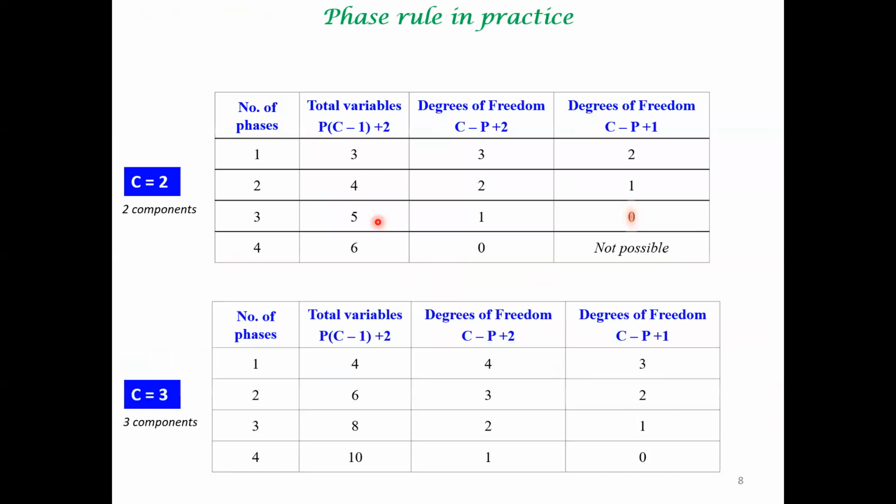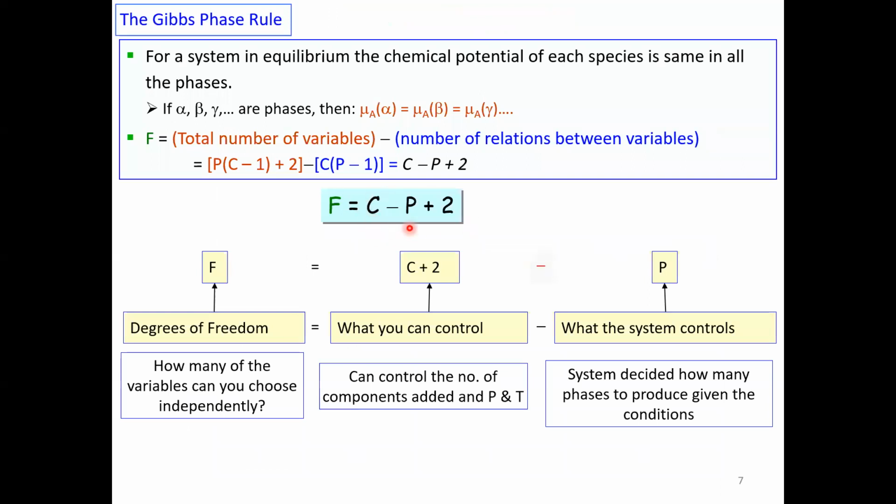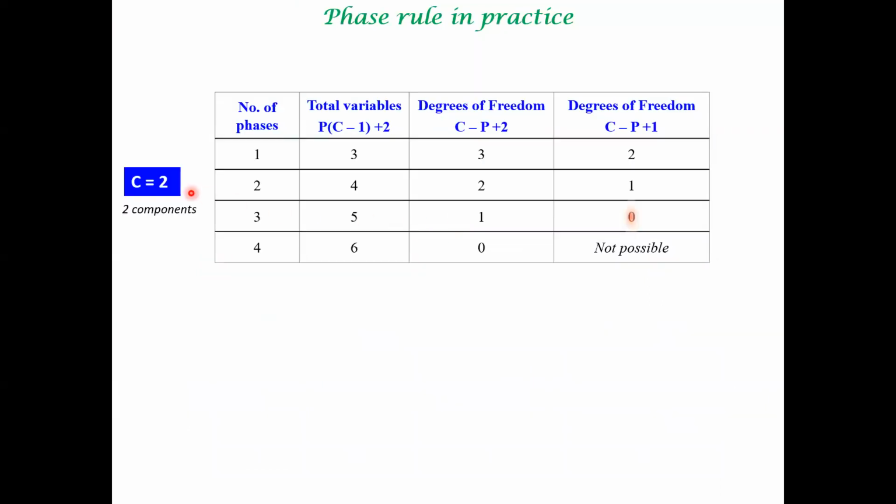We're just implementing this rule, that is, F is equal to C minus P plus 2. For example, if you take 2 components, the total number of variables, degrees of freedom, and so on, right? So why sometimes we say the degrees of freedom is C minus P plus 1?